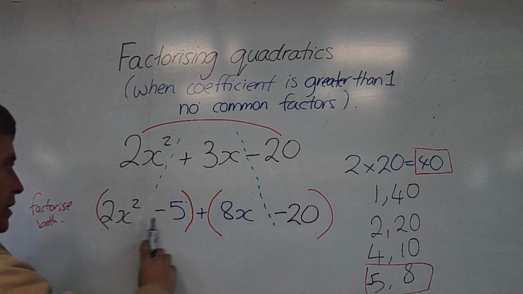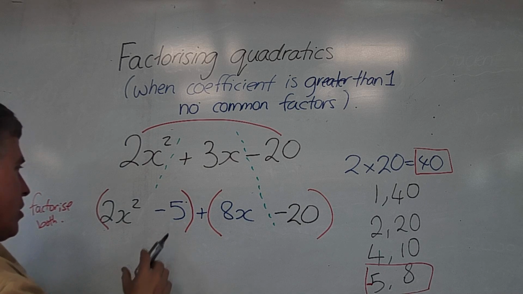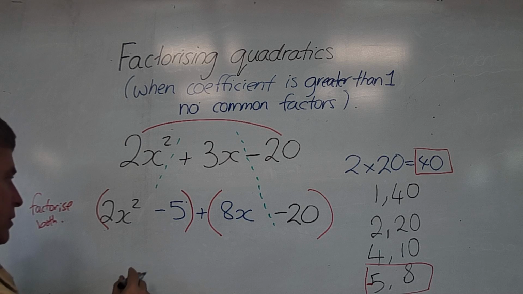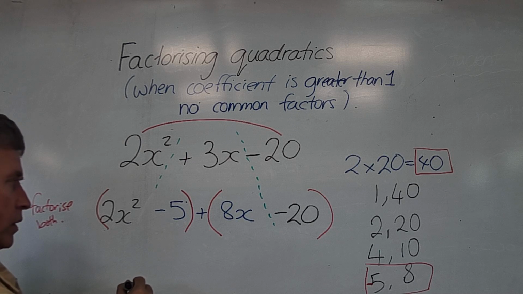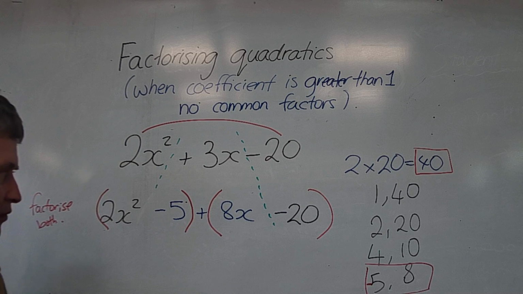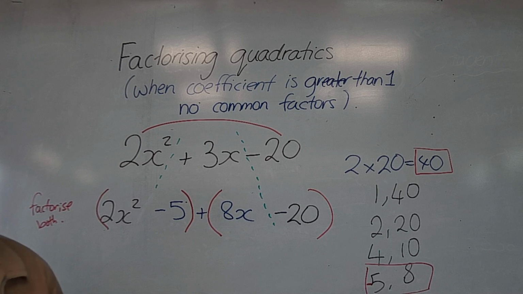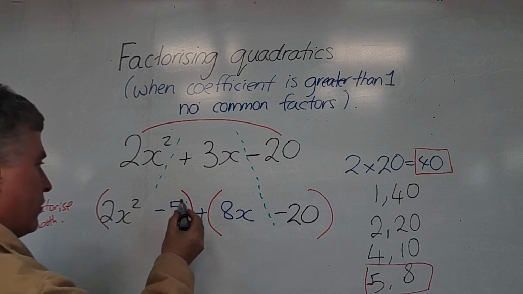2 and minus 5, is there any common factor? Not really, can't think of any. So my guess is, if you're finding it hard, at that point you might be thinking, actually it's 5x.